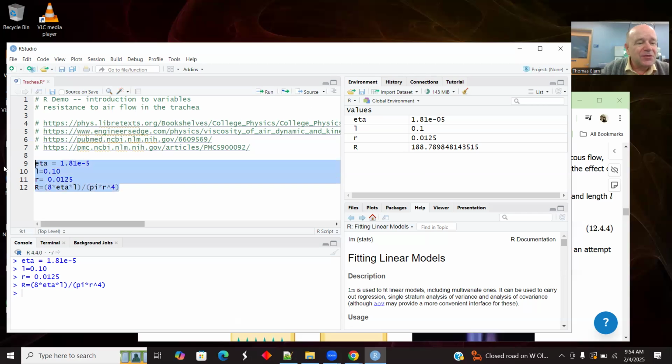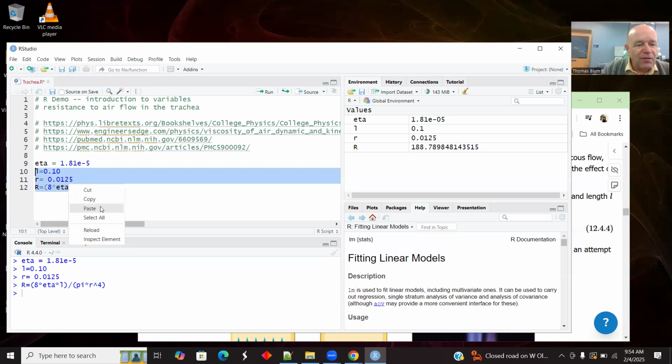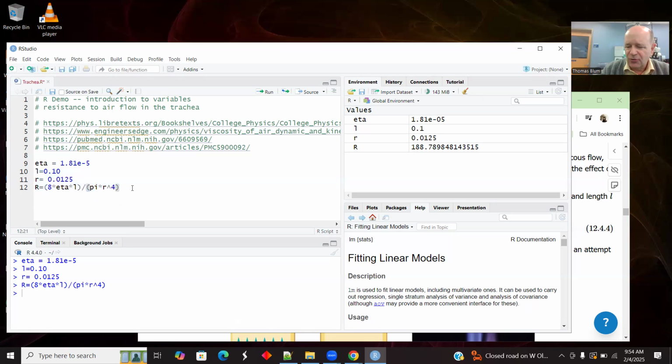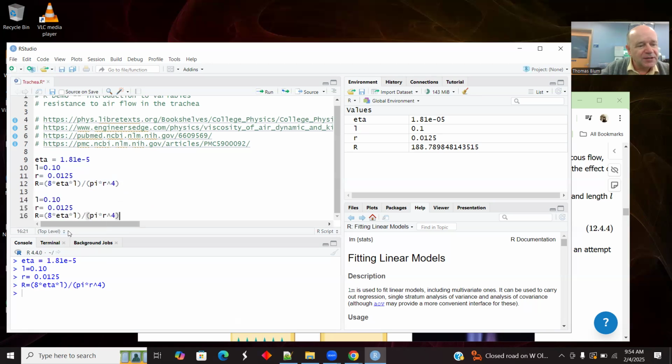Okay, and then to play with the whole idea of variables, the values can vary. So let's change it a bit. Let's go for somebody who's taller, who might have a 12 centimeter length.